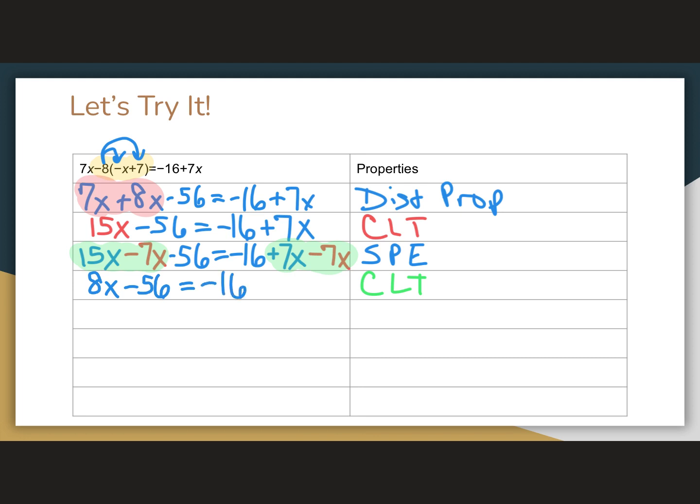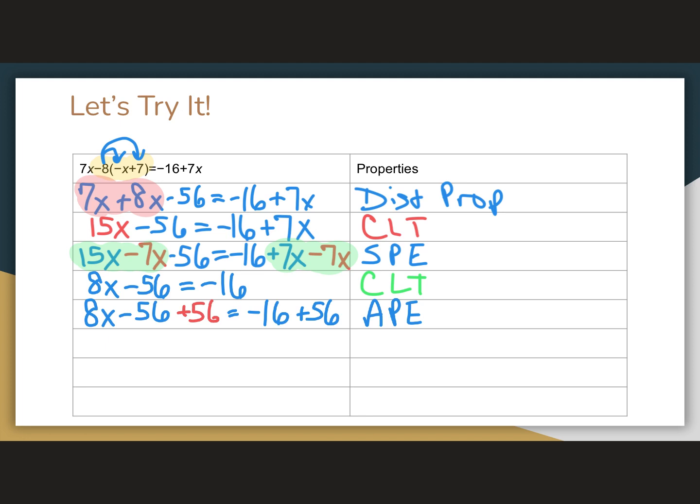And that positive 7x and negative 7x end up canceling out each other. So the next thing I'm going to do is use my addition property of equality. I'm going to add 56 to both sides. So I have 8x minus 56 plus 56 equals negative 16 plus 56.